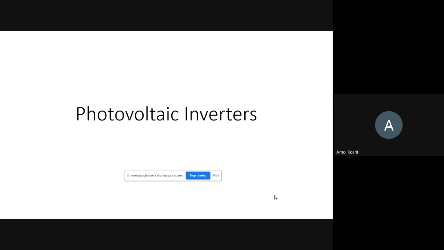In MPE, we have the entire converters and inverters, where the majority are inverter topologies. In the first chapter you learned the rectifier circuits. Second, we learned the multi-level inverters. Third, you learned the resonant inverters, and today we are starting the photovoltaic inverter.